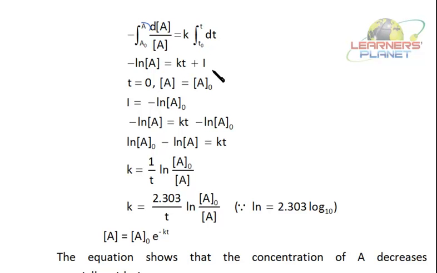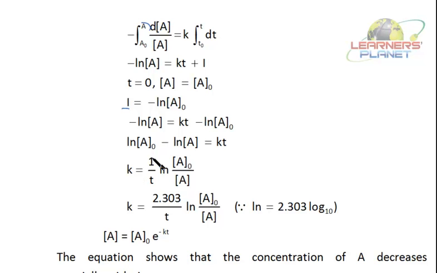Now in this case, we have to find out the value of this integration constant. So when time is 0, what will be the value of the concentration? It will be equal to A0. So from here we can get I, the integration constant, and that is equal to ln A naught. Right? Now put this value in the place of I, and we'll get the equation over here.